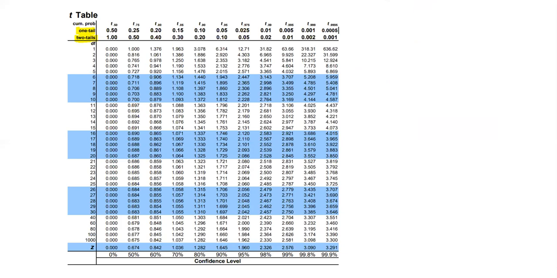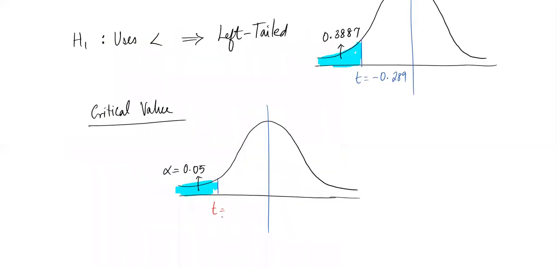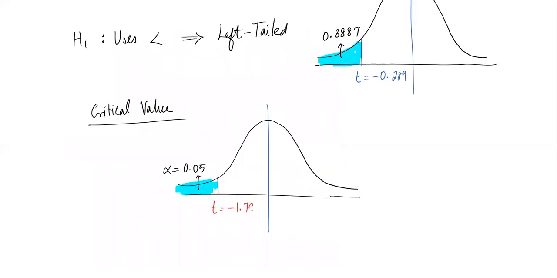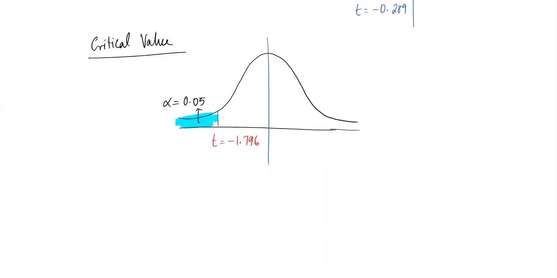So for your 11, it's 1.796. Because it's left-tailed, it has to be negative 1.796. That's something we have to adjust because it's left-tailed. It has to definitely be the negative quantity. So that's what we have.